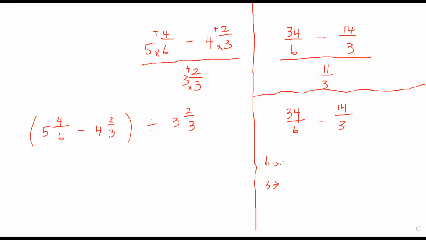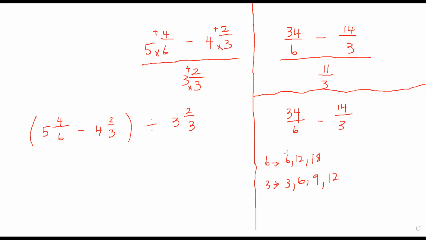The multiples of 6 are 6, 12, 18, and we could list more if you want. And then we have 3 here, counting in threes: 3, 6, 9, 12. So at the top we count in multiples of 6, and we count in threes at the bottom.